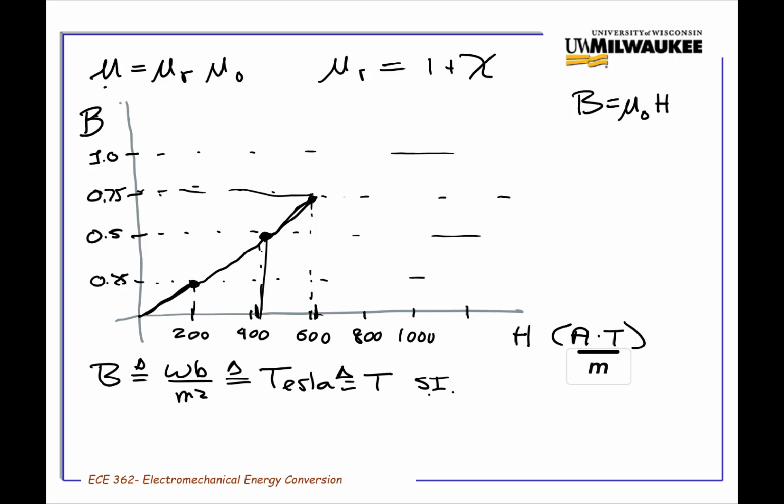At 600, 0.75, and I can get 1 Tesla. It's a straight line. It's linear, right? So basically you're looking at an XY linear plot, a line. And the slope of this line is mu naught.